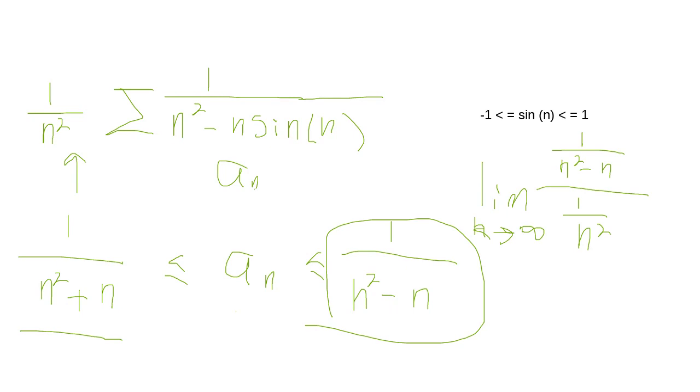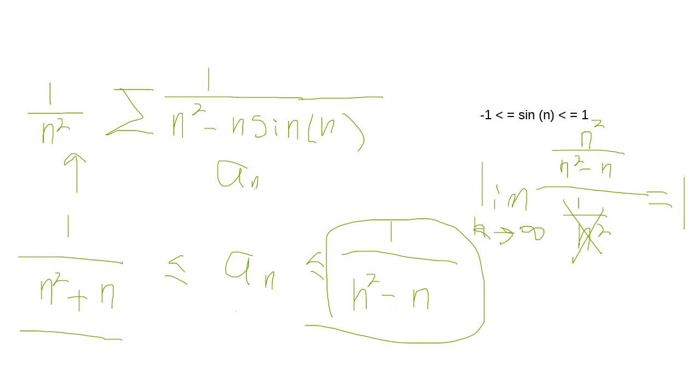So 1 over n squared minus n divided by 1 over n squared, let's multiply by n squared, right? So I get n squared on top. Then the limit of this, when n approaches infinity, what do we get? We get a 1, just by the ignore rule, or we can divide by n squared.